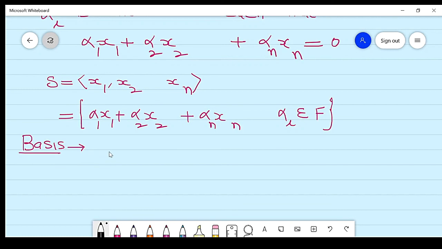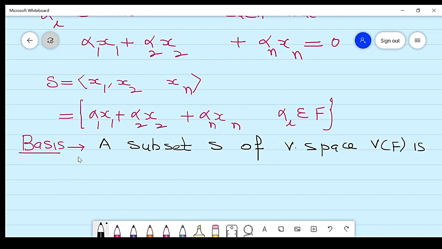A subset S of a vector space V over F is called a basis if, number 1, S is linear independent.